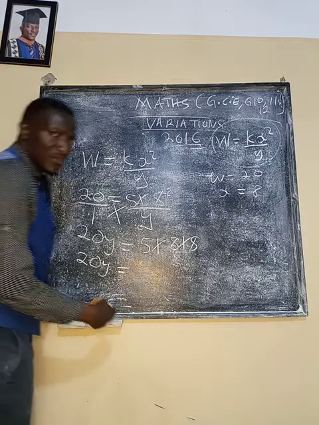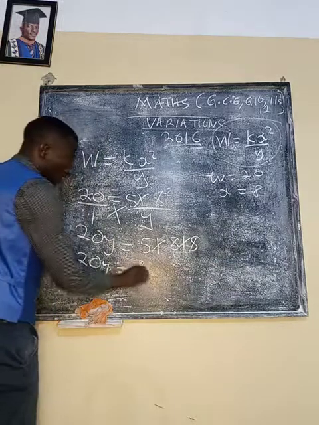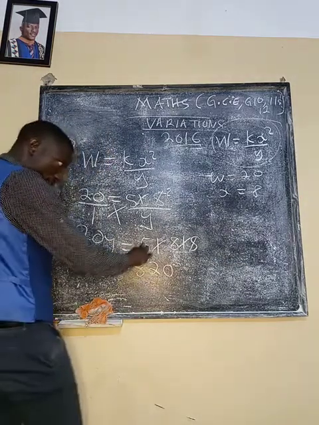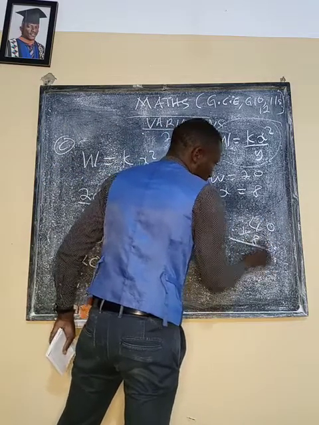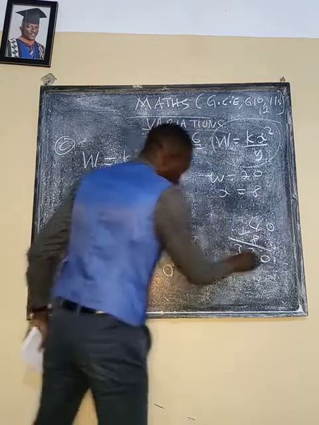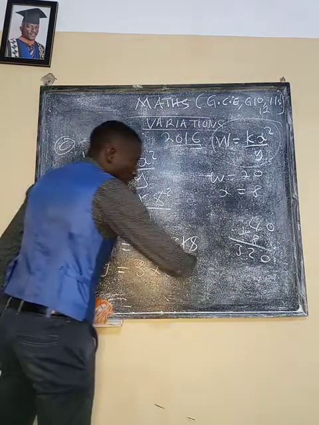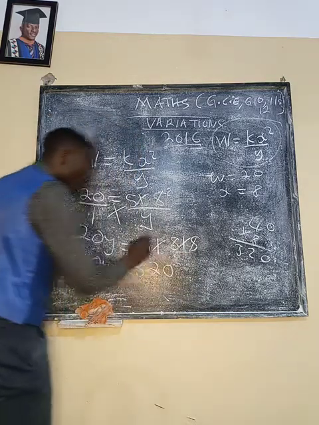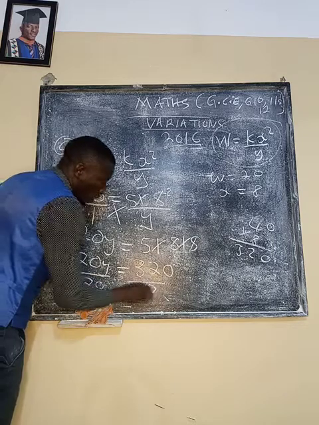Then 40 times what? 8. To give you what? 320. You can do 5 times this to give you 40, then 40 times 8 is 320. Or you can say 5 times, 8 times 8, 64. 64 times 5 will give you still 320 over 20, over 20.